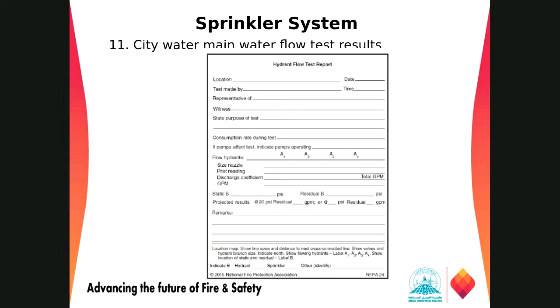So while you are doing the flow test, we have to fill in the following information: the location, date, time the test was made, by whom, a representative of the area, the witness, who is witnessing it, and the size of the pitot tubes, size of the nozzle, pitot reading, discharge coefficient, and GPM. And after that, what is the static pressure, what is the residual pressure, and if there is any remark, we have to keep it in this.